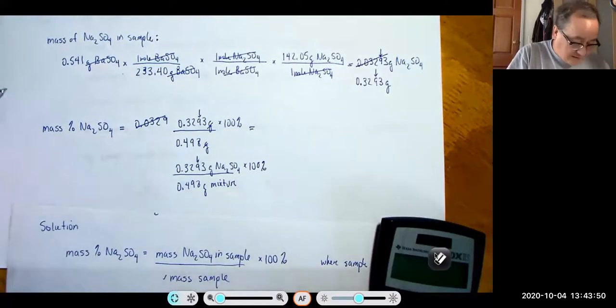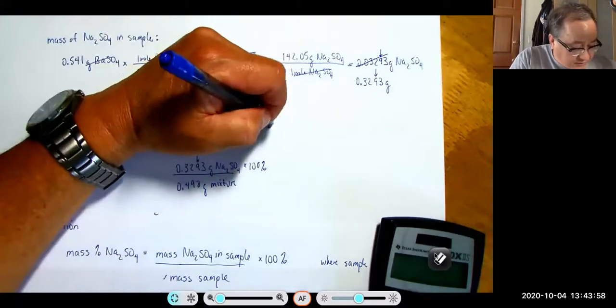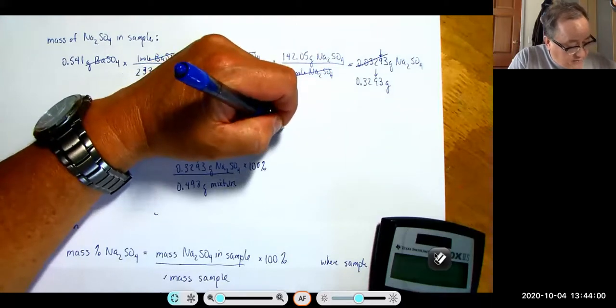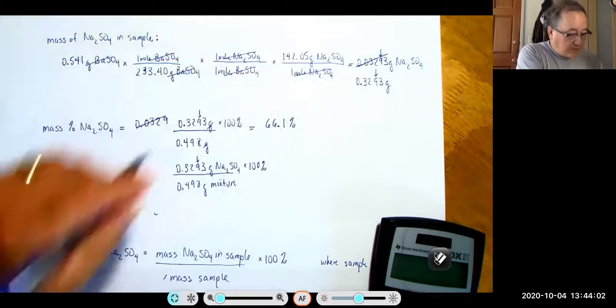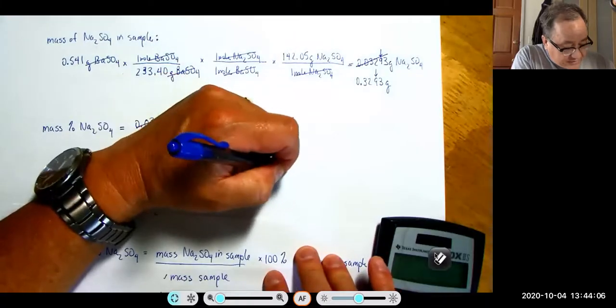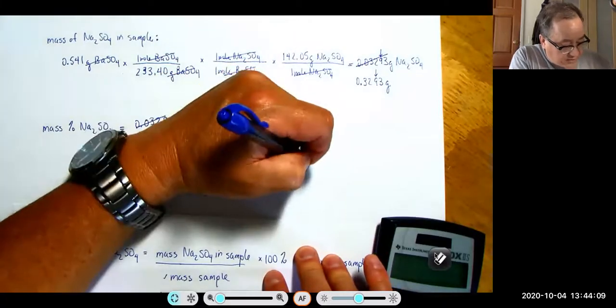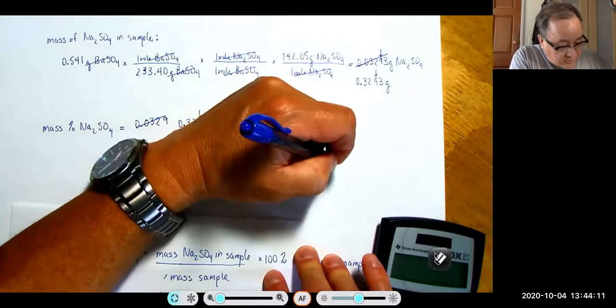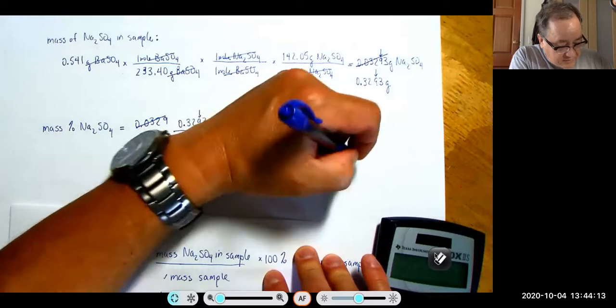So I'm going to divide by 0.498, multiply by 100, and we get 66.1%. Now with these labels in here, what we would get is 66.1% sodium sulfate mixture.